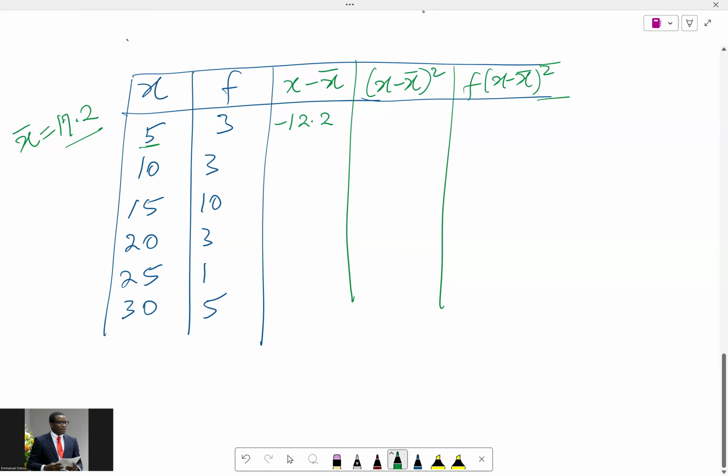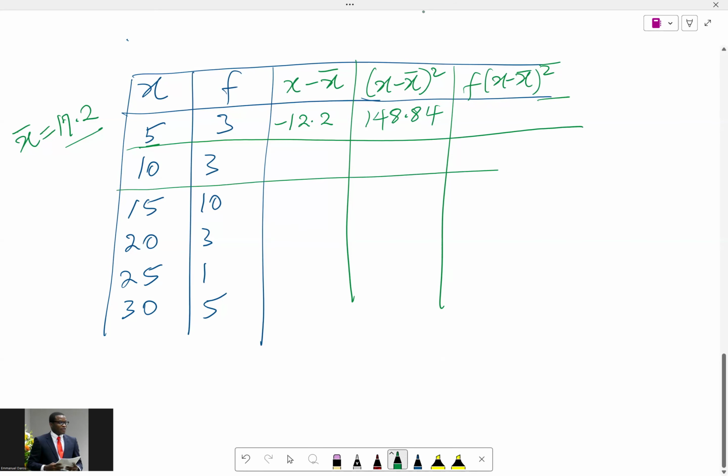So if we square that, 5 minus 17.2 raised to power 2, we get 148.84.